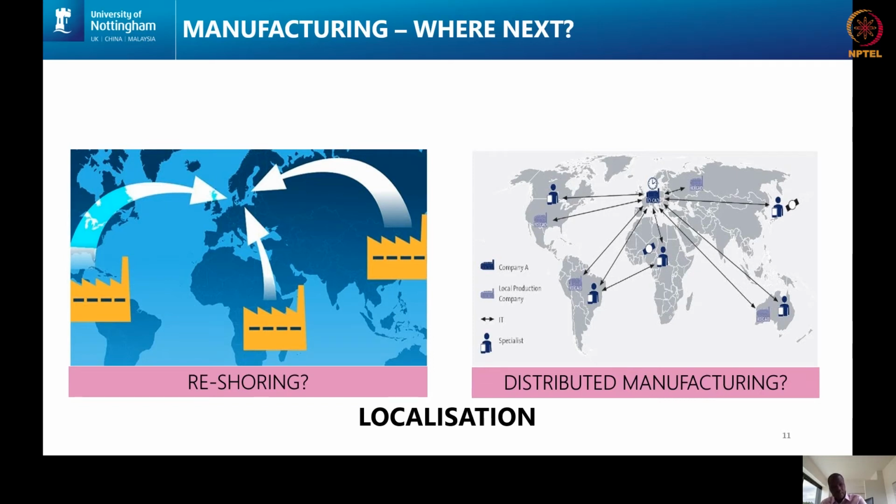So whether it is distributed manufacturing or reshoring that one is talking about, the underlying principle still remains one of localization. How can we make locally? How can we compress the length of global supply chains and reduce the risk associated with international trade and long lead times?